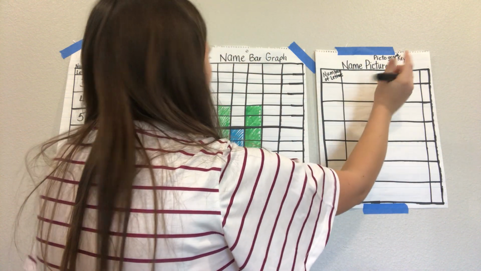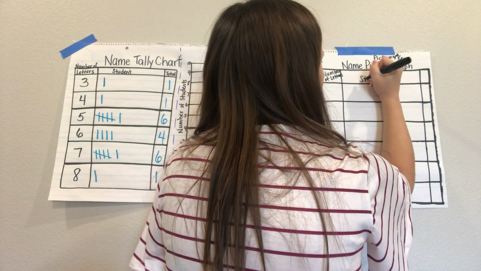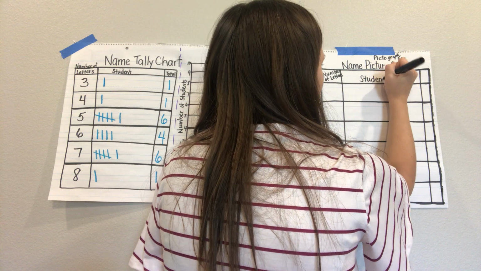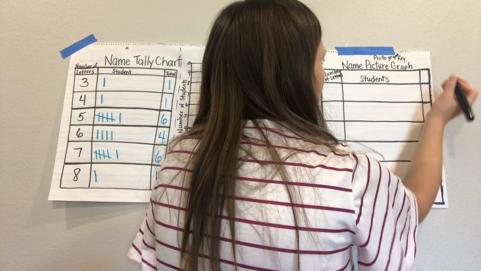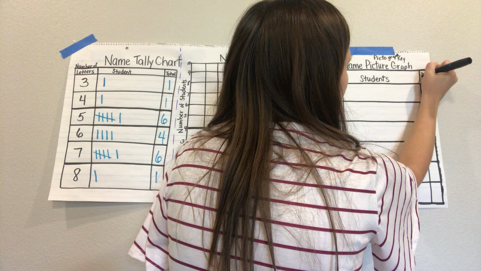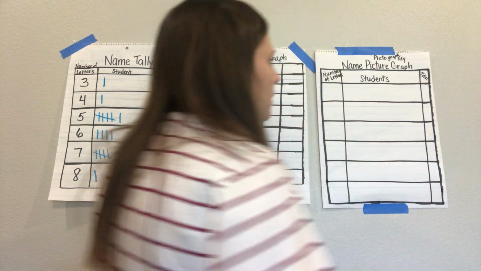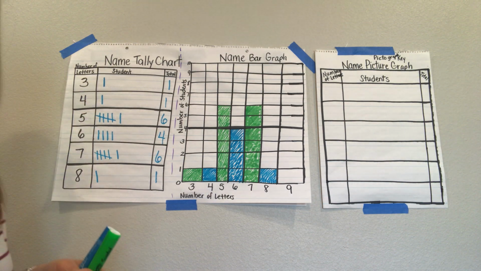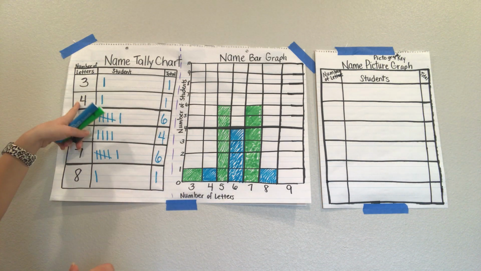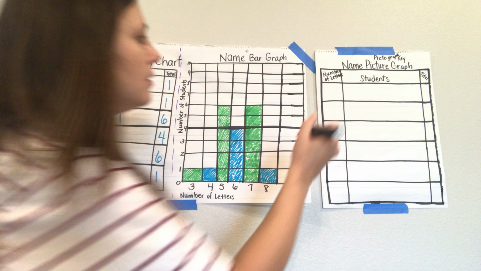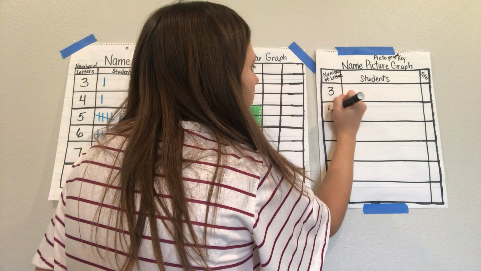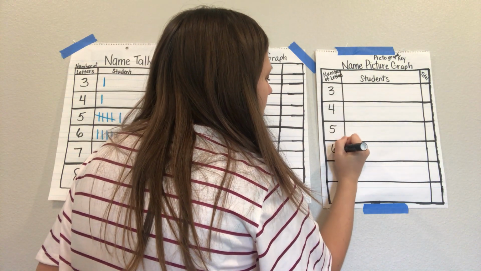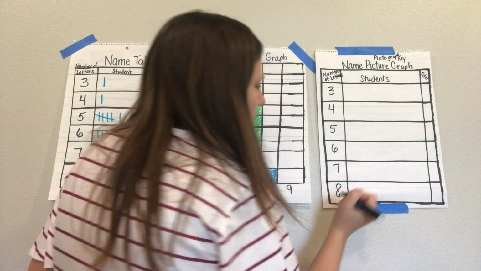This part right here will stand for students with that number of letters in their name. And then this one, just like on our tally chart, will be the total. Remember, for number of letters, our choices were 3, 4, 5, 6, 7, and 8.